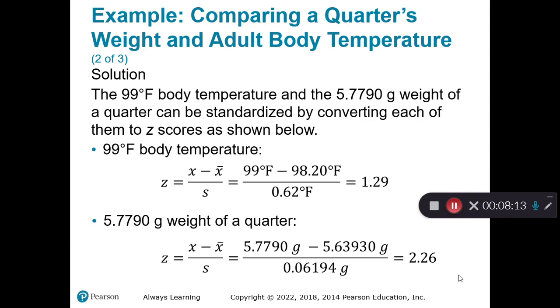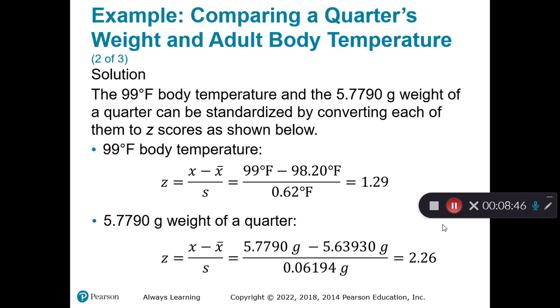What this means is that this particular quarter is heavier than the mean of all the quarters in that sample, and in fact it is so much heavier that it is 2.26 standard deviations heavier than the mean. If you recall our range rule of thumb from the previous section, anything that falls more than 2 standard deviations from the mean is considered to be significant.